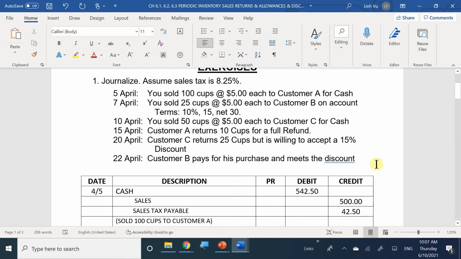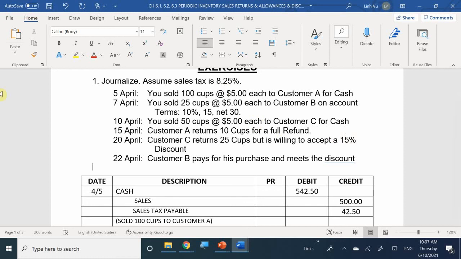What was his discount for? 10%. He purchased on the 7th, 15 days later, which is exactly the 22nd, so he made the discount period. He placed it on an account, and now he's paying us what he owes, so he should receive a 10% discount.